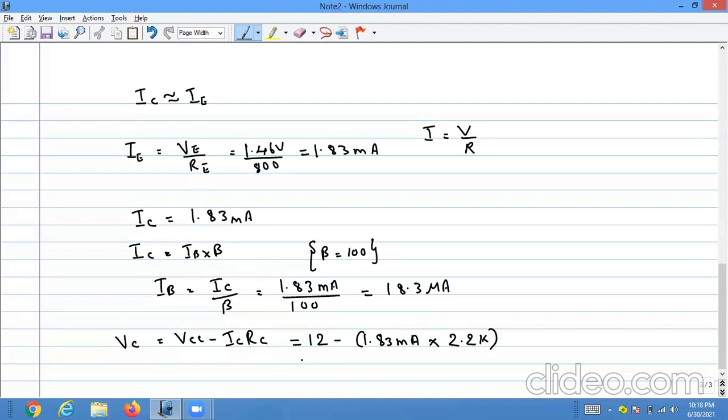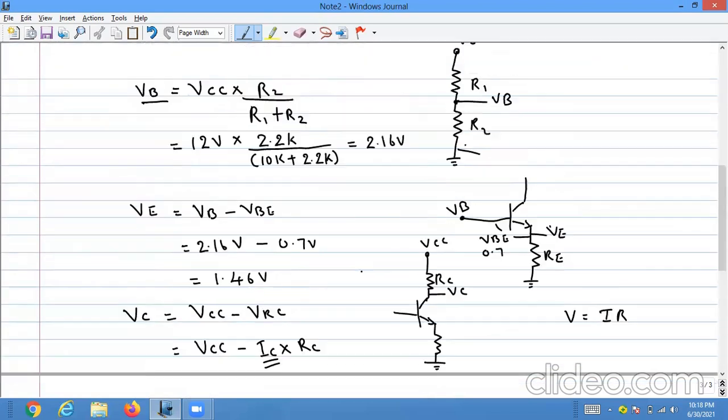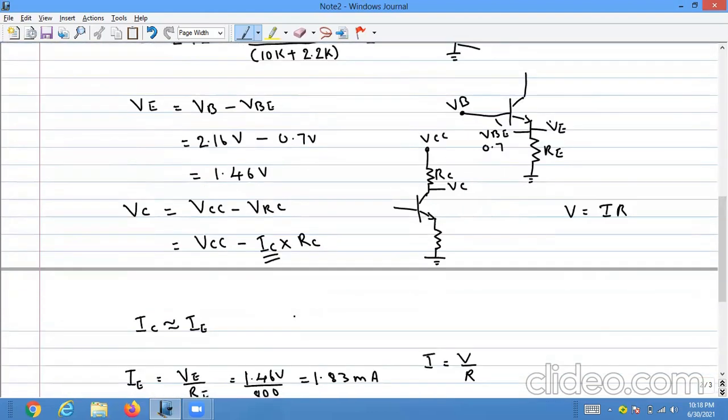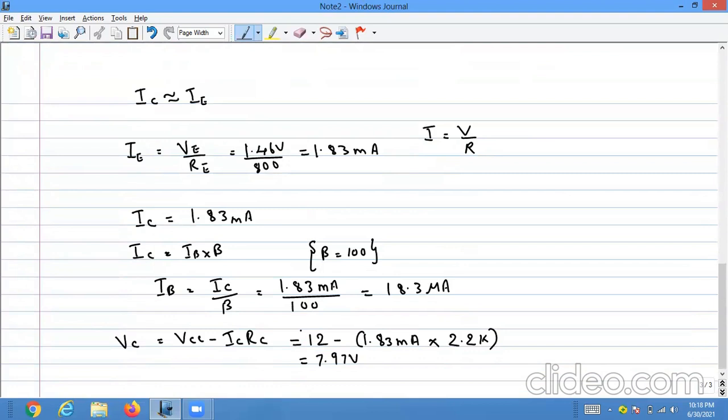Once you calculate this, you will get an answer of 7.97 volt. So only one voltage is left, that is VCE, the voltage across collector and emitter. Here VCE is equal to VC minus VE.